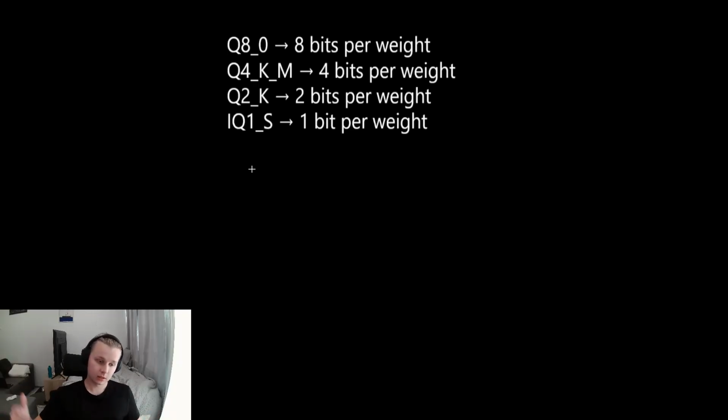There's always some decrease, but the decrease isn't that much. For example, if you compare 4-bit weights to 16-bit weights, that is a huge decrease in size, but the performance decrease isn't that huge. So it is completely worth it to do that.